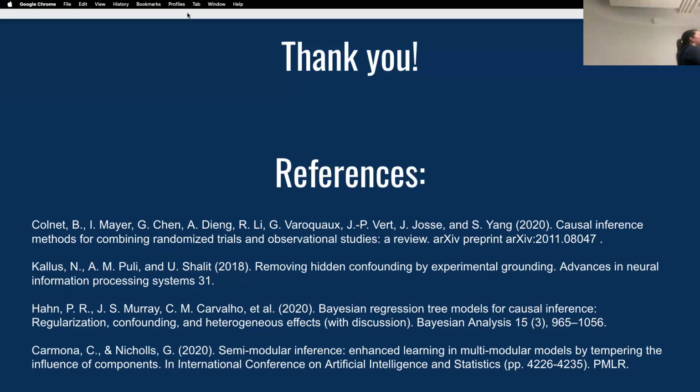What were the sample sizes in the simulation studies? And what about the ratio of your sample sizes? Very good question. In that particular simulation study, the RCT is 500, the observational is 2000.